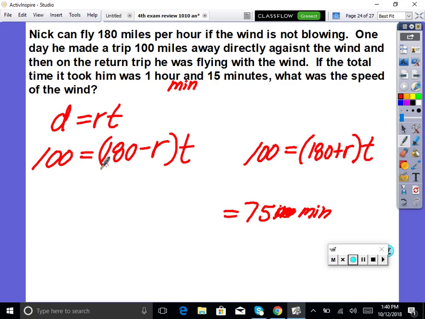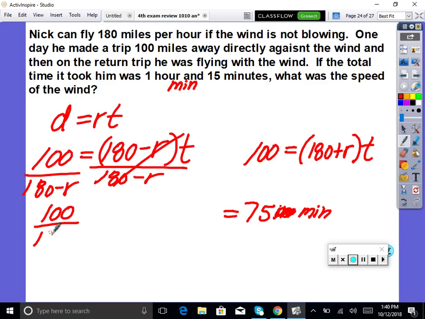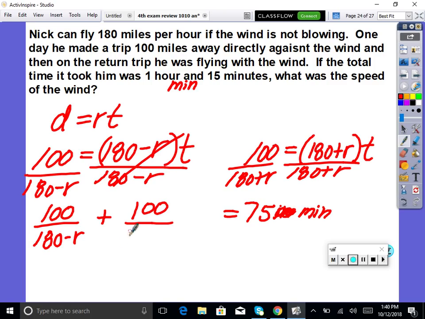So now the time it took to get there, you divide by 180 minus r, because that's the time it took on the way there. So 100 over 180 minus r, and then we're going to add it to the time over here, so divide by 180 plus r. So that's our true statement. Then I need to get a common denominator, because that is exactly how we solve equations.